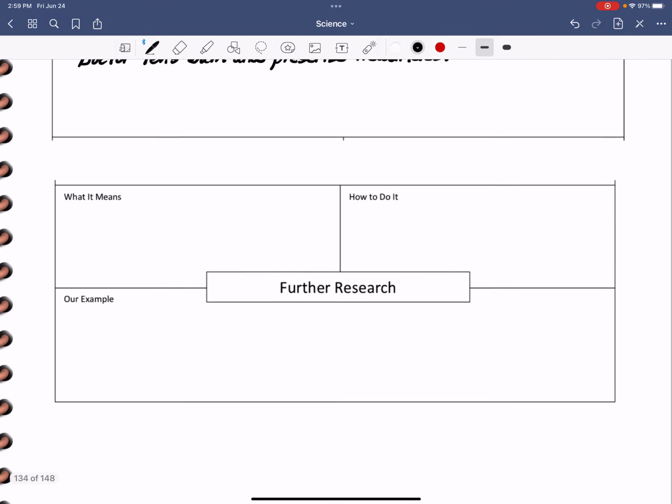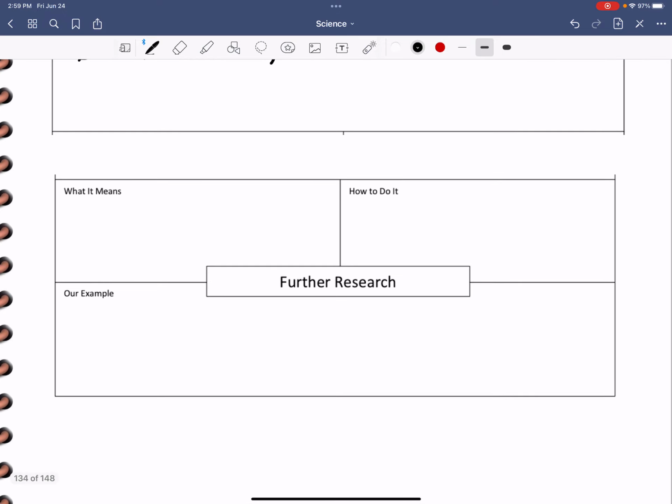Further research simply means that you do more research if it's needed. And in our story, I think it's needed because this doctor is not just going to say, okay, Sam, you need a heart transplant.